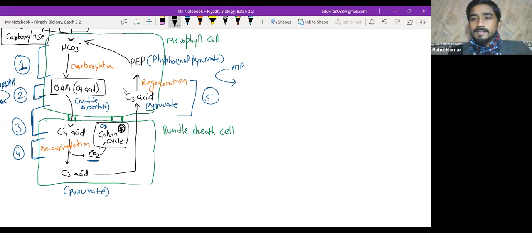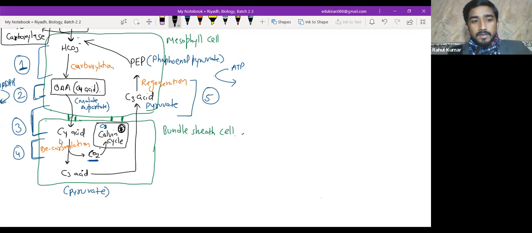No rubisco enzyme is present in the mesophyll cell. Is it clear? We have Mariam also joining in. Hello, Mariam. So the mesophyll cell has no rubisco. If this comes as a question, you should understand that rubisco is only present in the Calvin cycle, which happens in the bundle sheath cells.